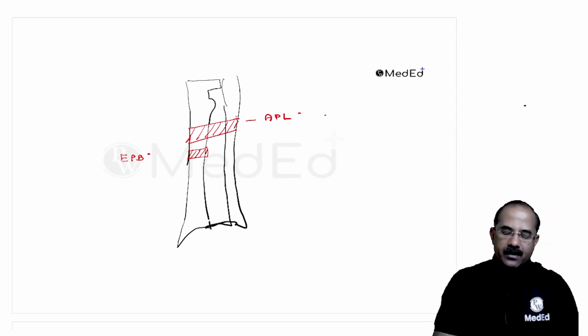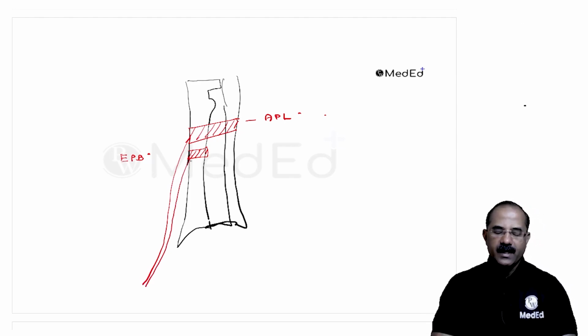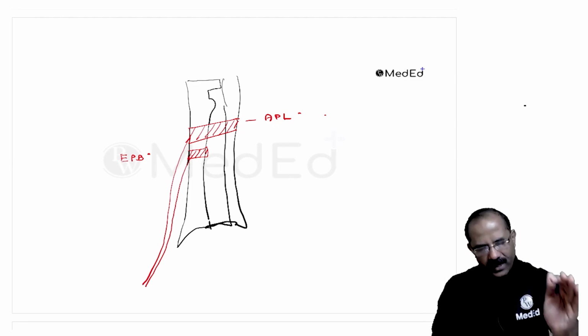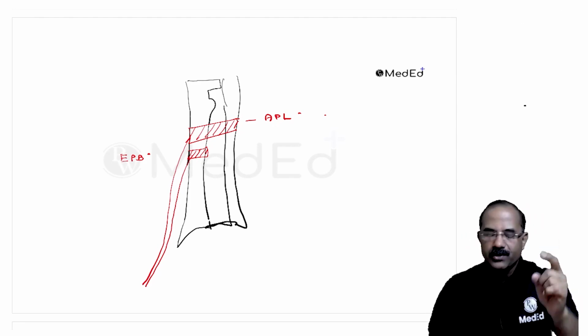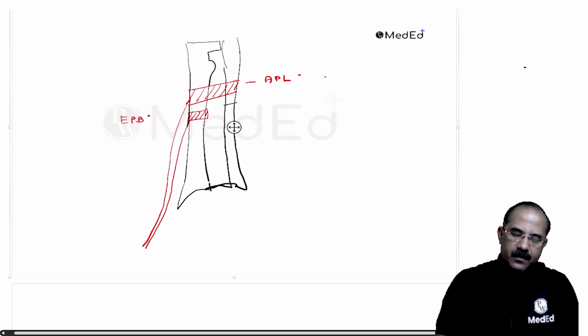Okay. So abductor pollicis longus. This is extensor pollicis brevis. They go together. So abductor pollicis longus and extensor pollicis brevis form the lateral boundary of the snuff box. Now, what is this muscle?